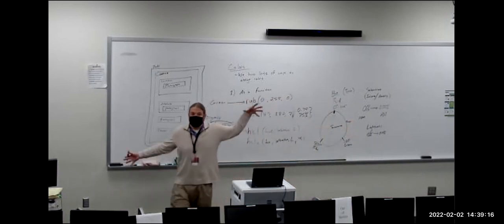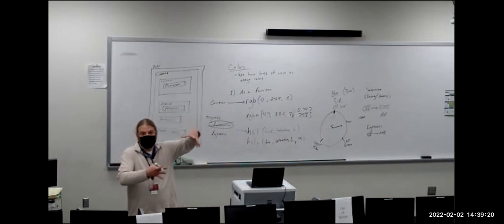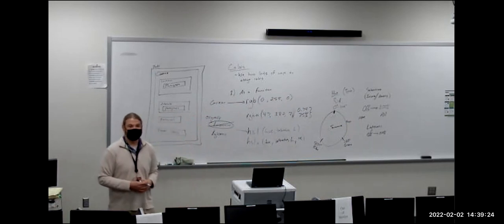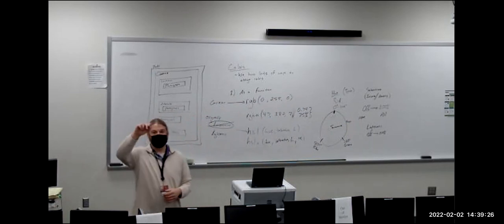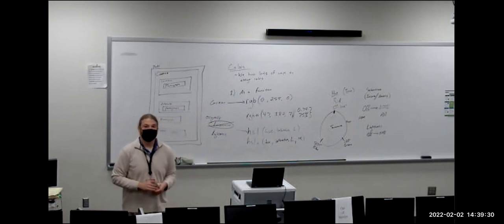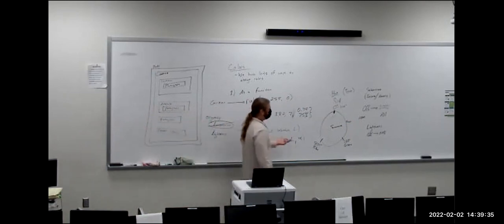Then we get that intensity level based off where we are in that circle and how far around we go, kind of like a clock. How far around the clock do we go, and then how far out towards the edge do we go? It's those numbers. And then we add to that the lightness.